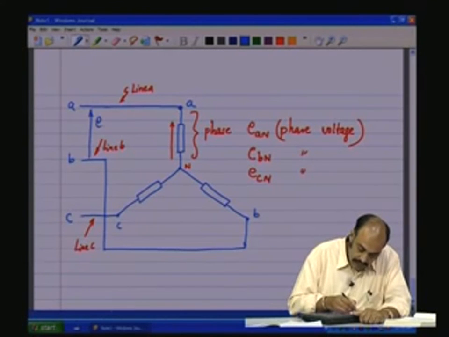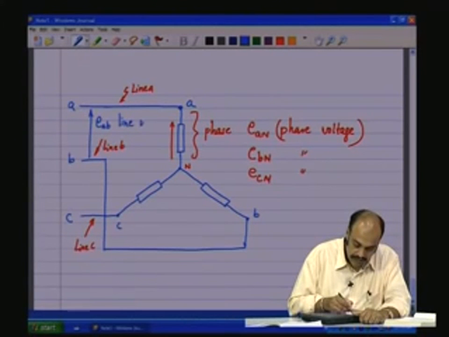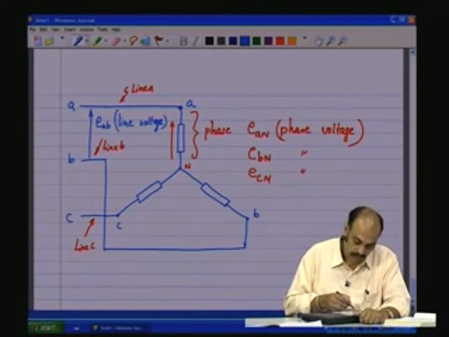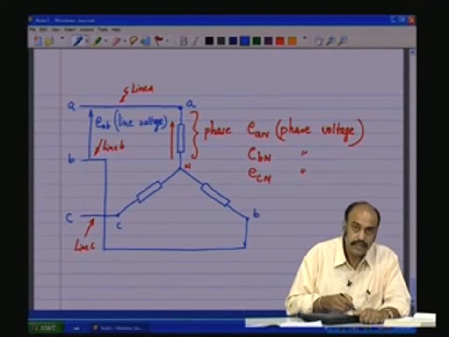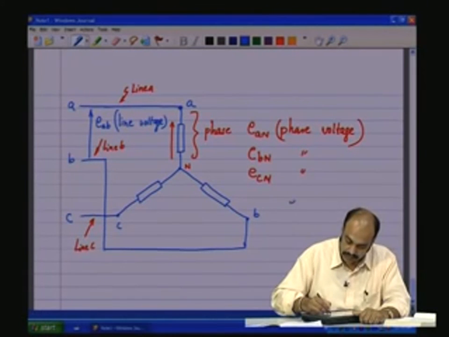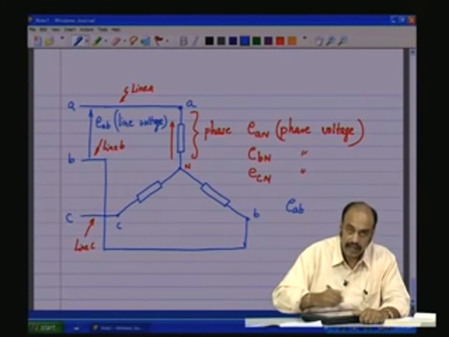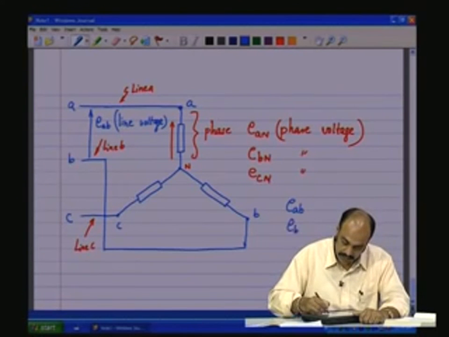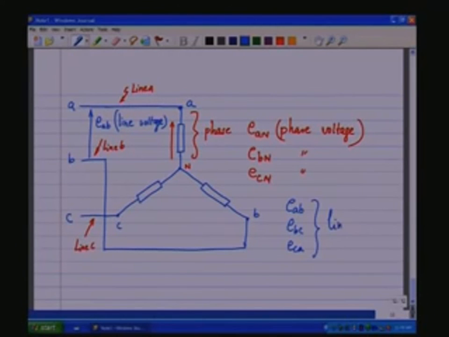Now, the voltage EAB is called the line voltage. EBC is line voltage, ECA is also line voltage. So, EAB between the lines, EBC, ECA, they are all called line voltages.